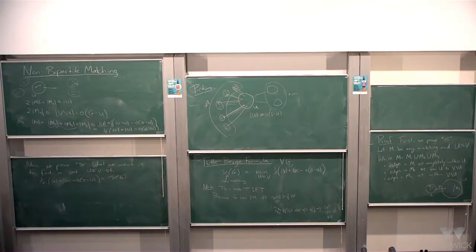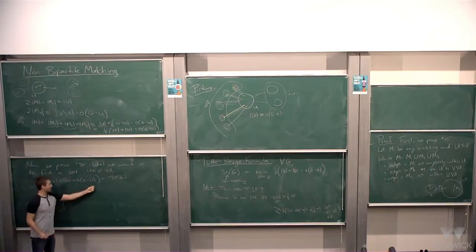And that will prove the other direction, right? Because then certainly the minimum of this value is at most this. It'll have to be equal to that.